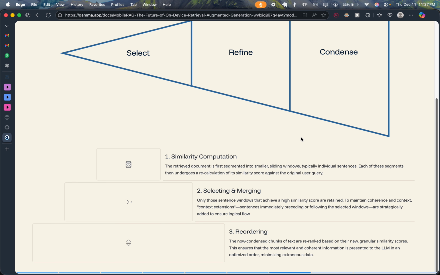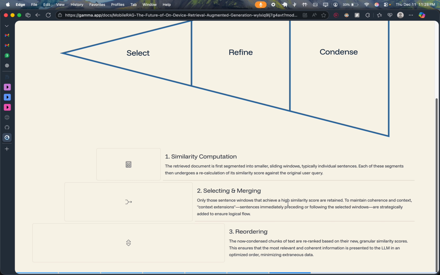Then the selective content reduction, which is the SCR, optimizing the generation, has similarity computation, then selecting and merging, and then reordering. In the similarity computation, the retrieved document is first segmented into smaller sliding windows, typically individual sentences. Each of these segments then undergoes a recalculation of its similarity score against the original user query. Then, selecting and merging: only those sentence windows that achieve a higher similarity score are retained.